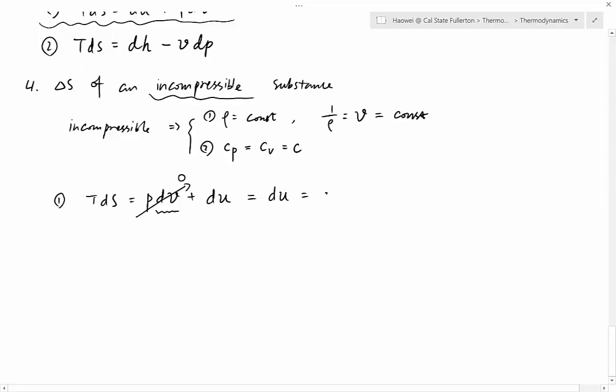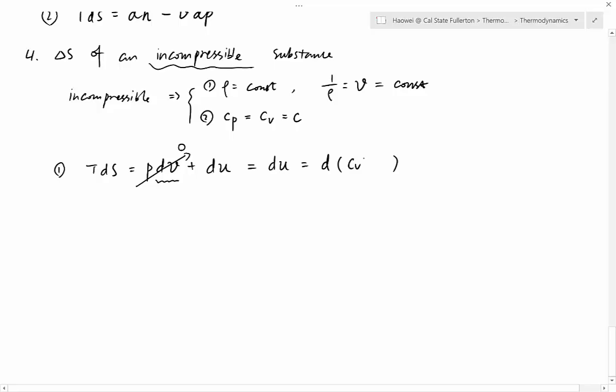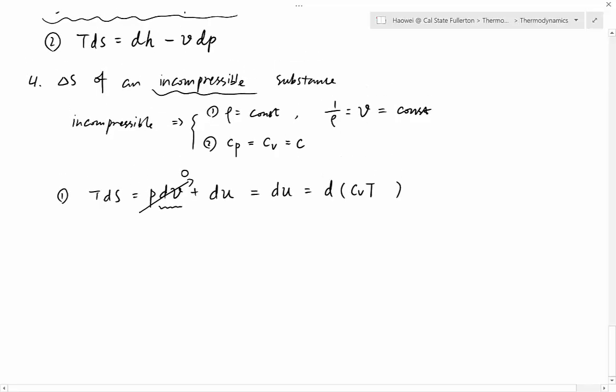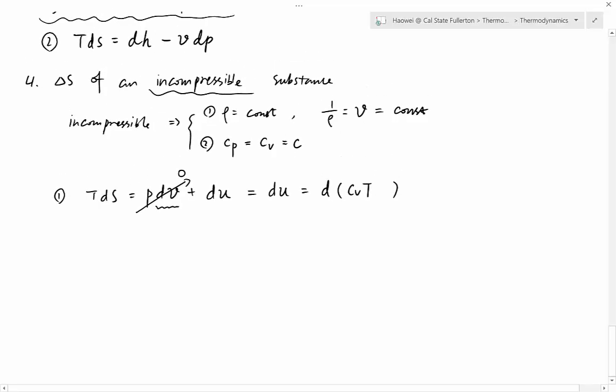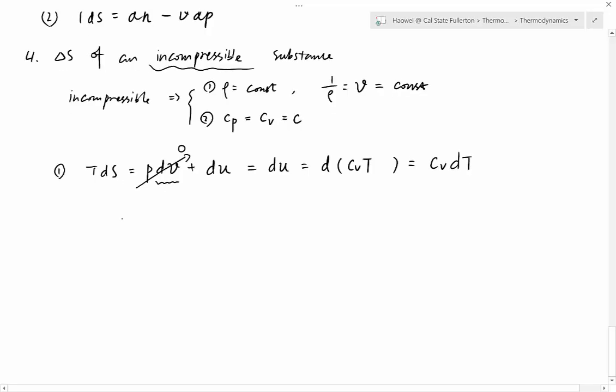And then let's recall, we can rewrite specific internal energy, u, with a function. We can calculate u, which is Cv times T. And then we said usually in this class we treat Cv as a constant. So you can take Cv out of it, and then what is left is derivative of T. So now what we have is the left-hand side is TdS, and the right-hand side is Cv times dT.